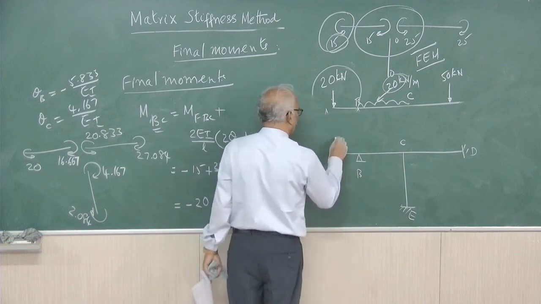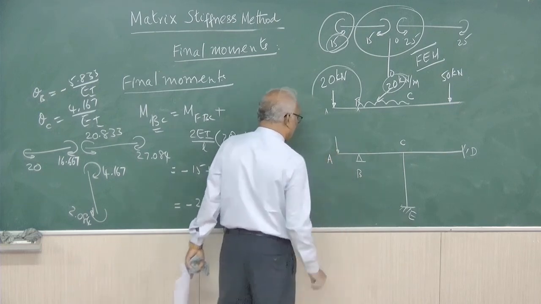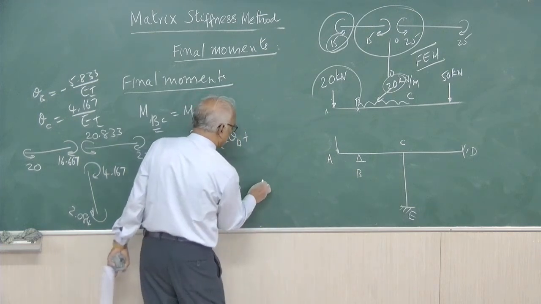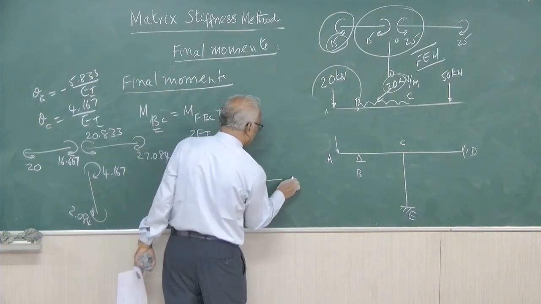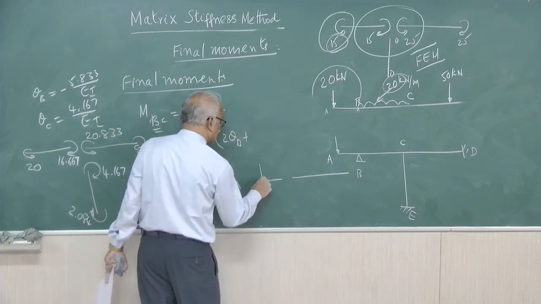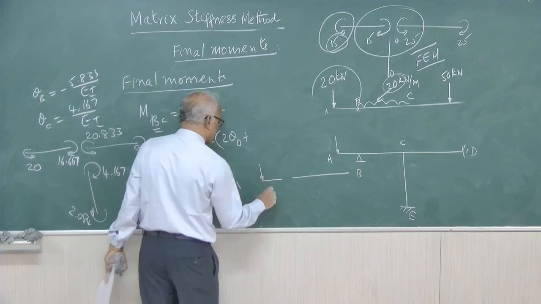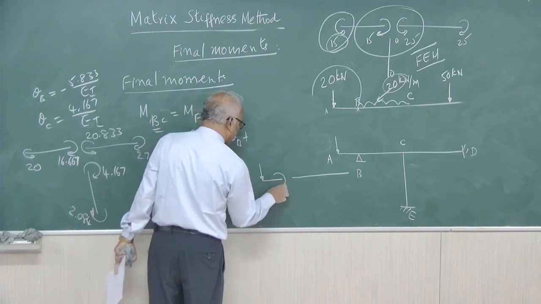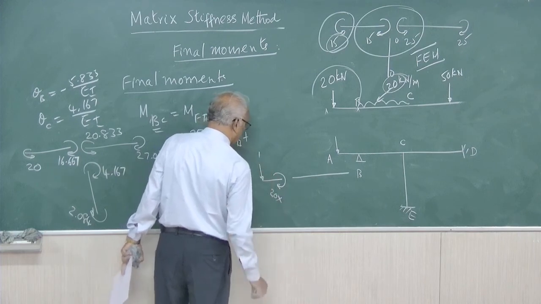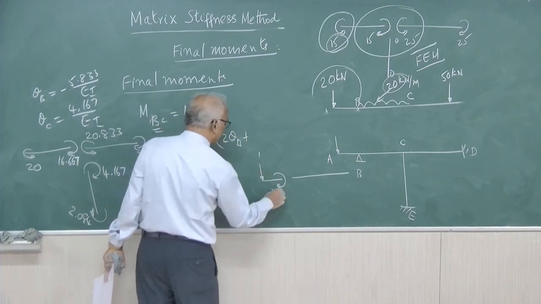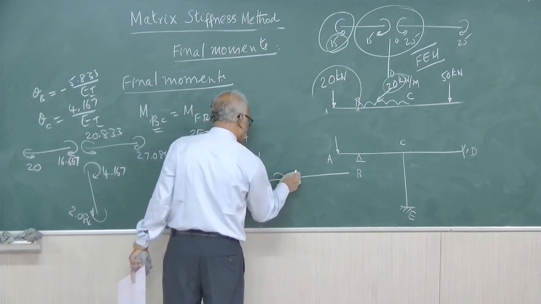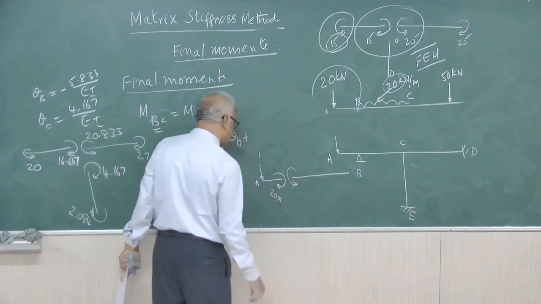Now, here there is a load, and here only people have some confusion. That is, if you consider these two members separately, this will cause a clockwise moment of 20 into 1 in the member BA. Now, coming to this structure, this will cause anticlockwise moment.